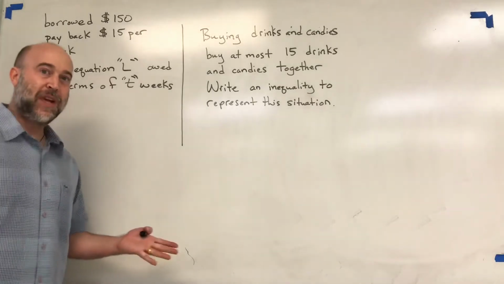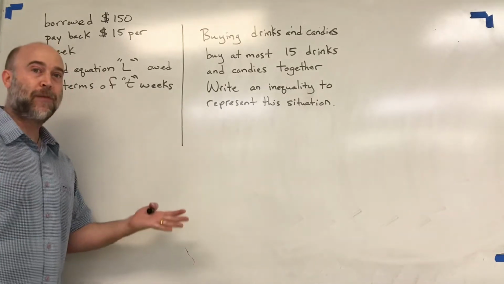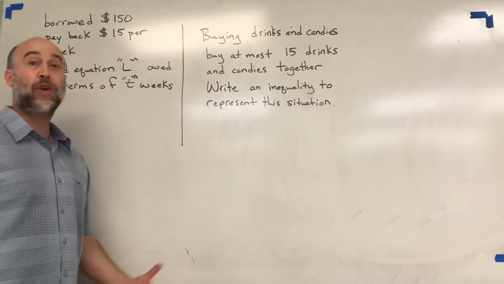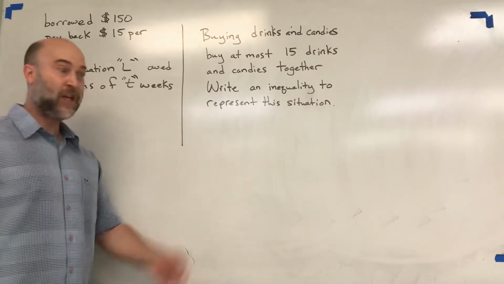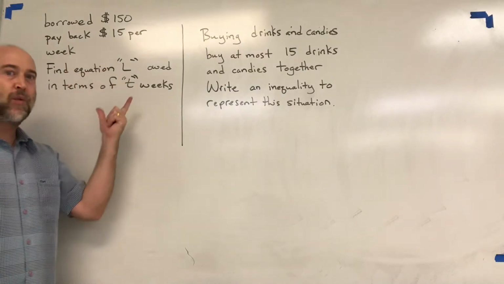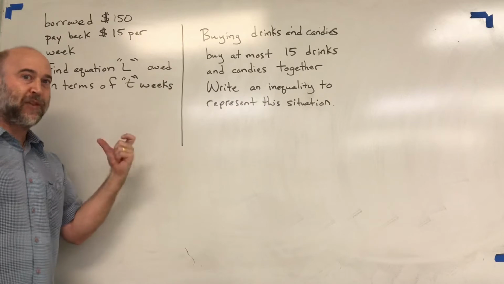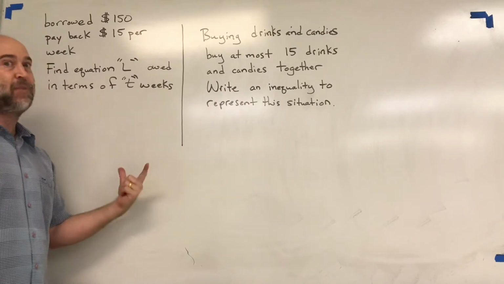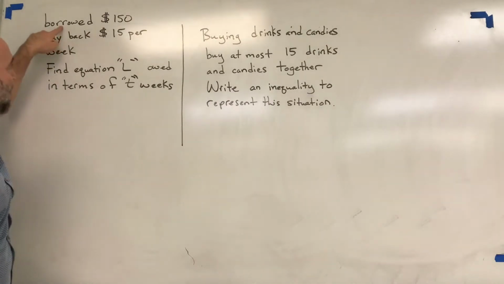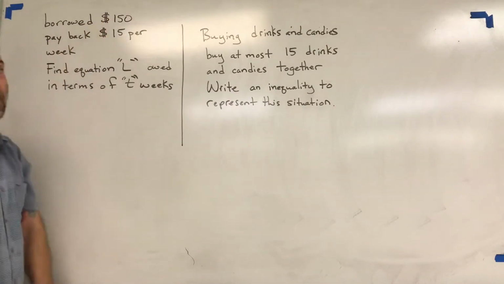All right, so for these problems, we are going from situation or word problem to equation or inequality. In this case, our first one, I streamlined the original word problem, and I pulled out the most significant words that apply to what we need for the translation. Someone borrowed $150.